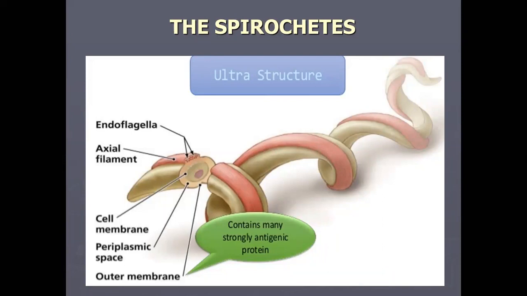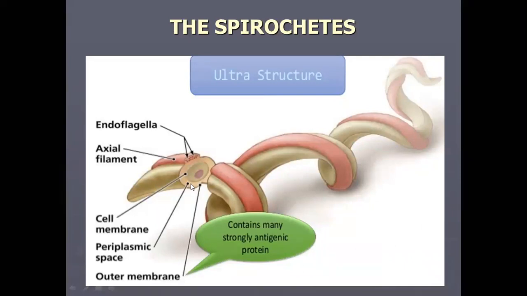Now, the other structures we can see in the spirochetal cell: it has a cell membrane and an outer membrane. In between the outer membrane and the cell membrane, we have a broad space, as in gram-negative cells, the periplasmic space.